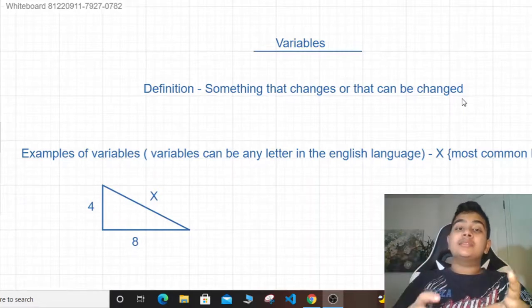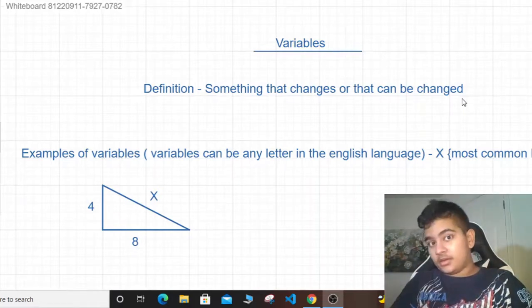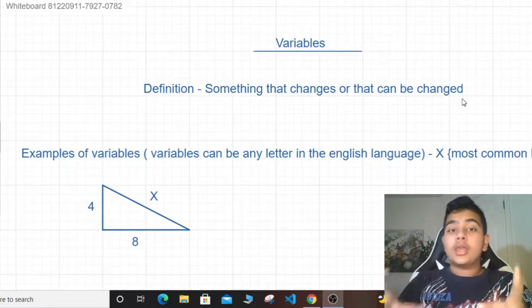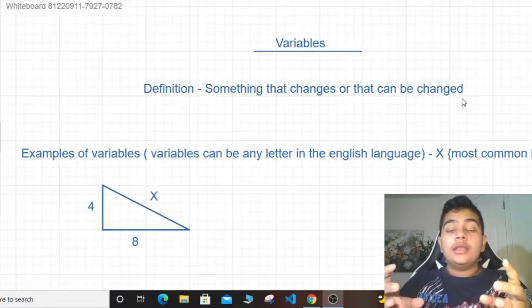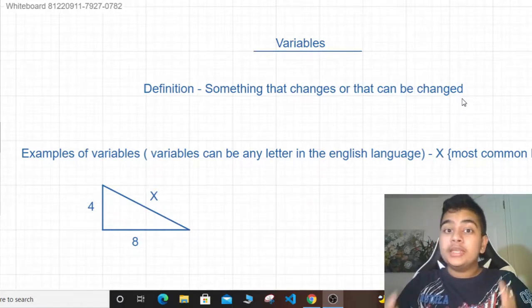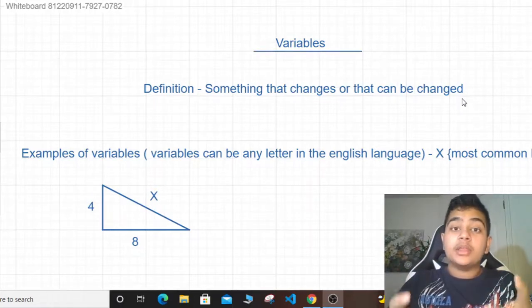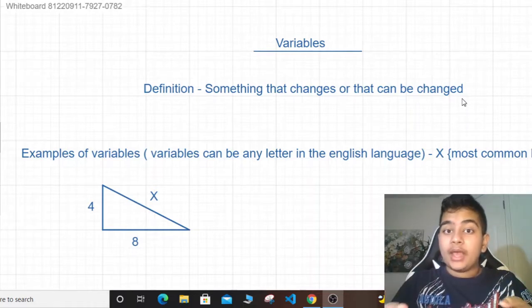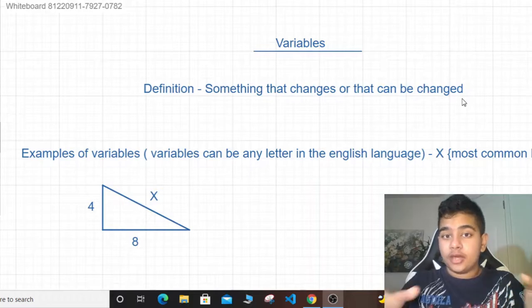It represents an unknown number. We use variables because in the equation we find out the unknown number. We need to represent the unknown number in some way or form, and the way we do it, since we don't have the value, is variables.